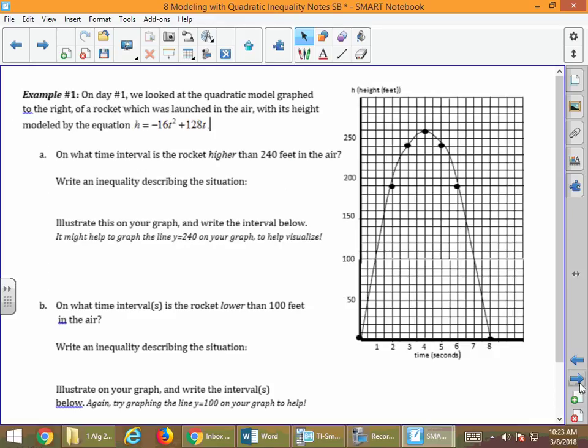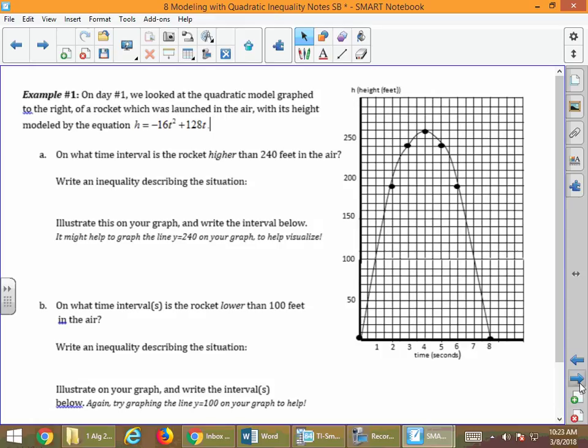We'll look briefly at a former example. On day one, we looked at this quadratic model that is modeling when a rocket was launched in the air, with the formula h equals negative 16t squared plus 128t. It says, on what time interval is the rocket higher than 240 feet in the air?